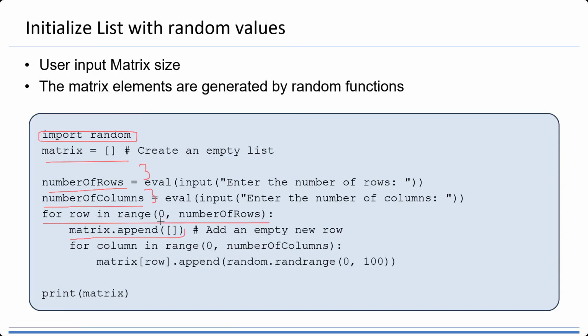Again, in every row, let's append the empty list. And then for every element in the column, let's append the random value. So the random value here, I'm using a range between 0 and 100. So any value between 0 and 100 will be appended into this cell.